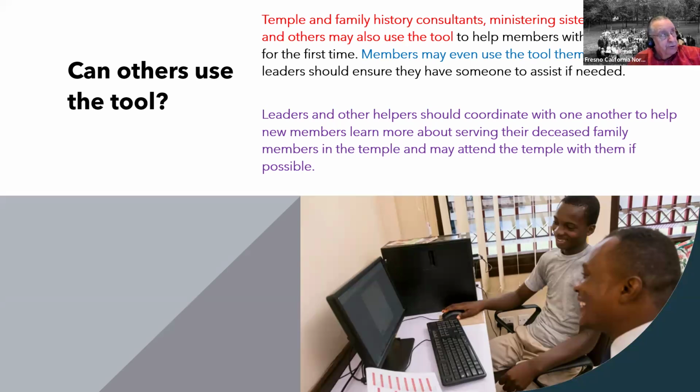It could include newly reactivated members, people that are coming back into activity. A lot of people that could benefit from the use of this tool, not just brand new members, though that's the real focus of the program.